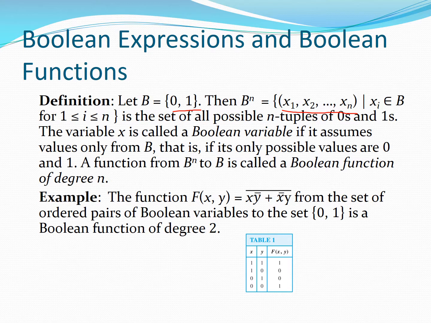All right. Okay, so here down below we have an example function, and the number of variables involved in the function are just two. You see x and y. These are the only two variables in the function, right? Now each of these variables can take values from the set 0 and 1, right? So since there are only two variables, we say F is a Boolean function of degree 2.